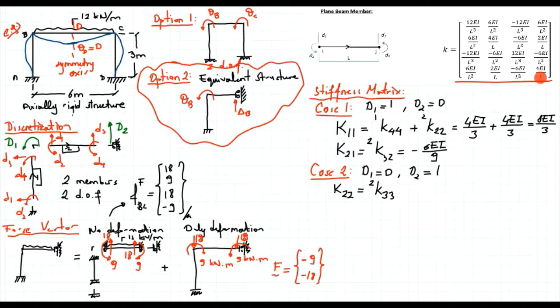And if we go to the element stiffness matrix, K33 is equal to 12 EI over L cubed. So that's equal to 12 EI divided by 27. What about K12?